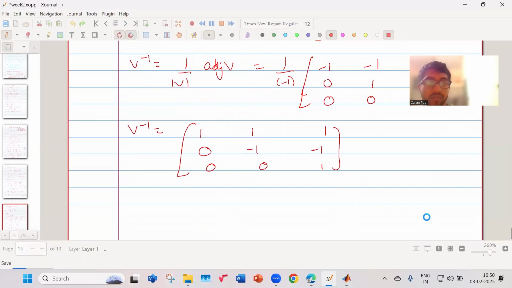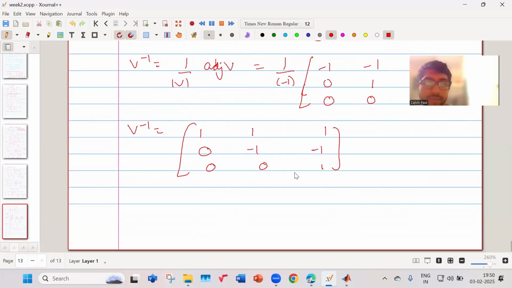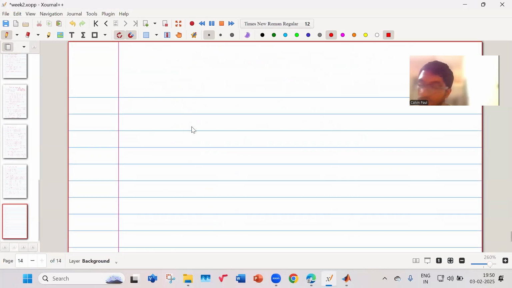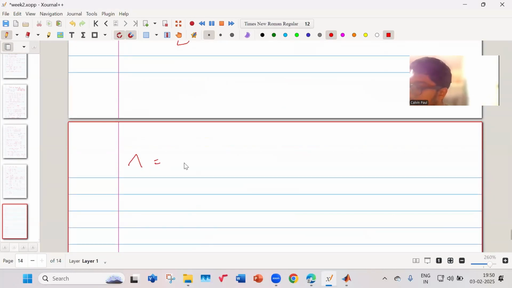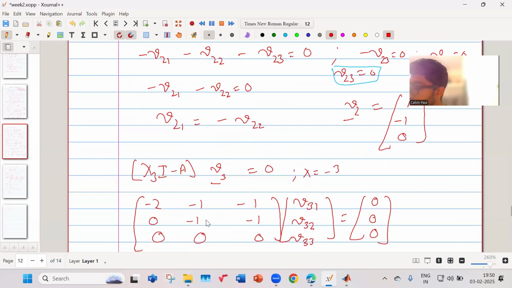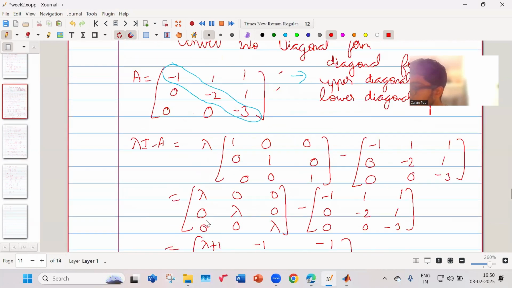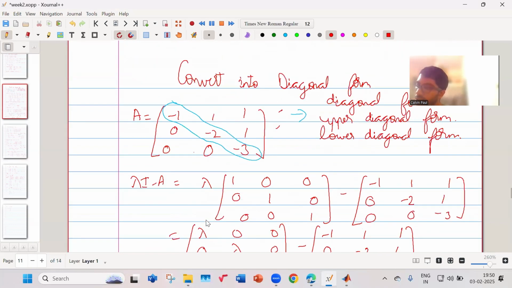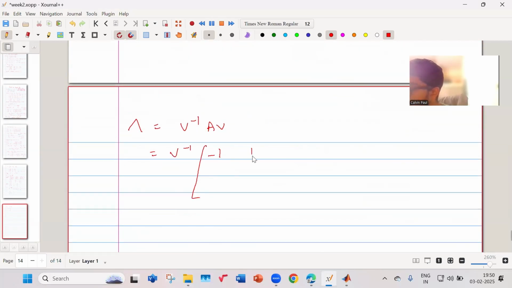So now we will try to complete it. Our diagonal matrix is what? V inverse AV. Okay, we'll leave V inverse first. What is A? A is minus 1, 1, 1, 0, minus 2, 1, 0, 0, minus 3.